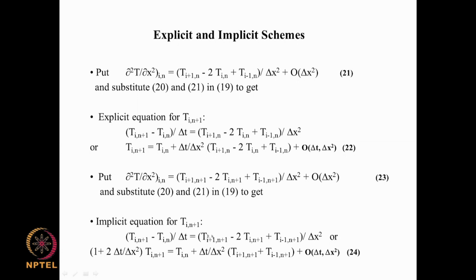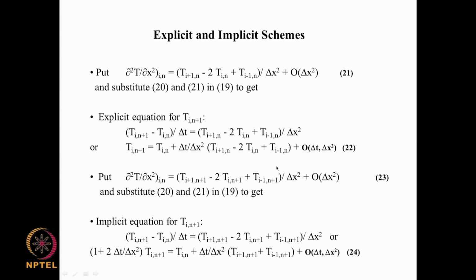And by rearranging all these things, we can get (1 + 2Δt/Δx²) Ti^(n+1) equal to Ti^n + Δt/Δx² (Ti+1^(n+1) + Ti−1^(n+1)), and the order of approximation is still second order accurate in space and first order accurate in time.